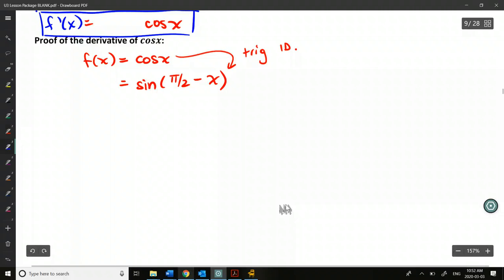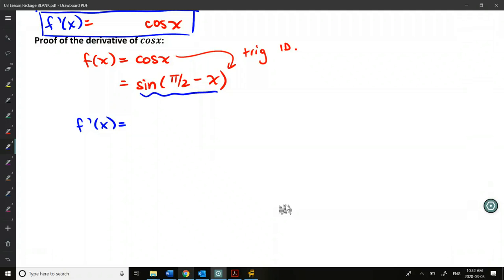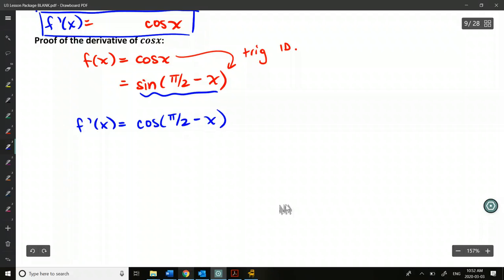So when I go to find f prime at x here, what is the derivative of sine? It's cosine, we just proved it. So it's the cos of pi over 2 minus x. Now, the derivative of sine x is not the same as the derivative of sine with something inside here.